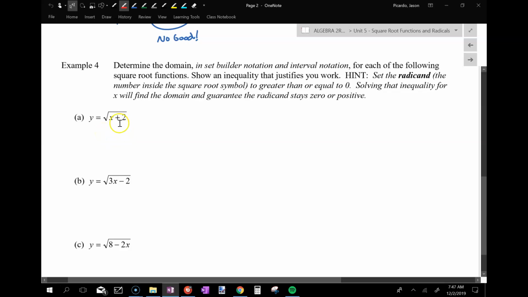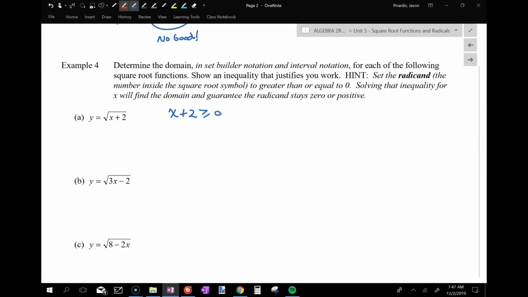So here's what we know. Whatever's underneath, we want to be positive or equal to what? 0. Isn't it true then that this needs to be positive or equal to 0? Can you guys solve that for x?